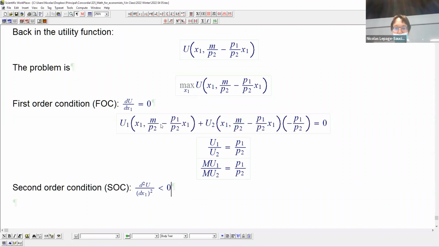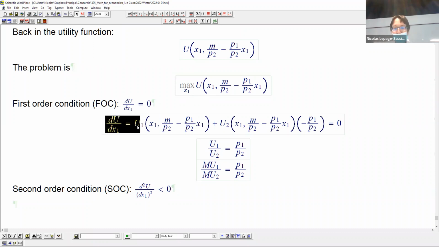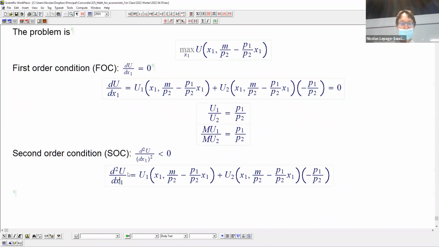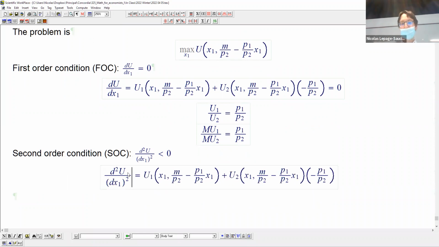So this is my, I should write it this way. So d squared u over dx1 squared. We derive a second time. So how many terms do we have? Four terms, because here we can derive with respect to the first argument, the second argument again, and then the first argument, second argument again, and this is just a constant.